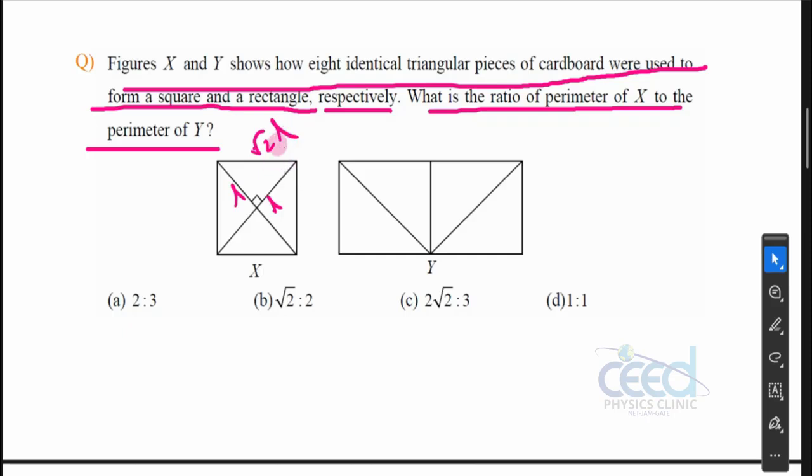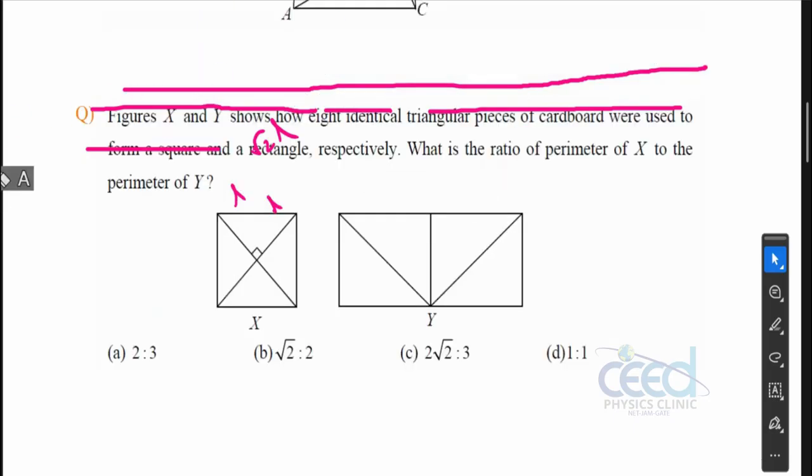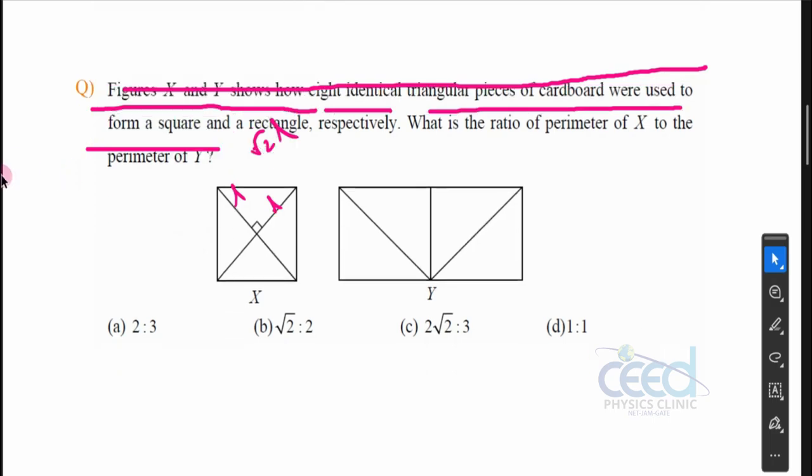Now, so here this is L. So this length I took as L, here this length I took as L. Then by Pythagoras theorem, this is root 2L.